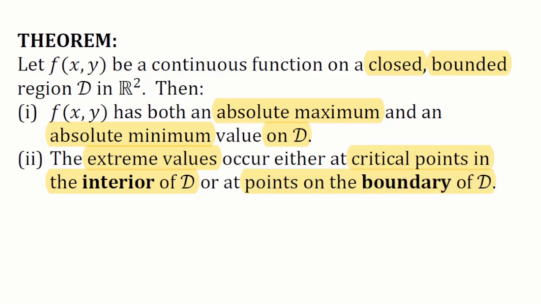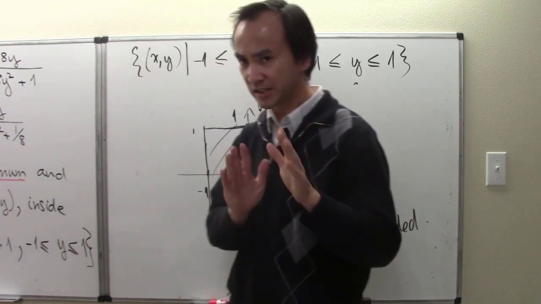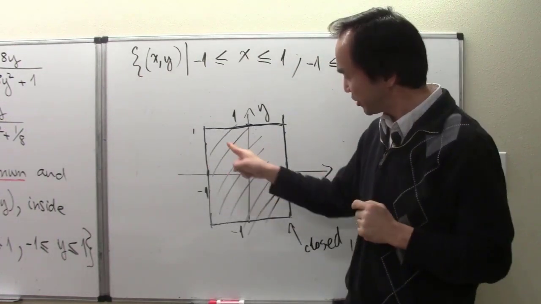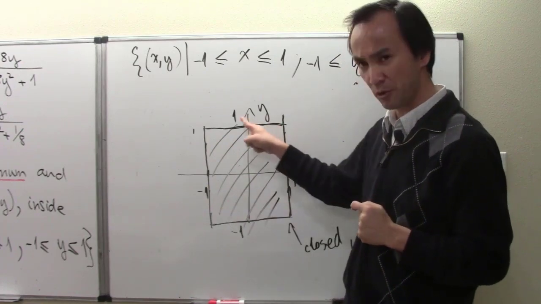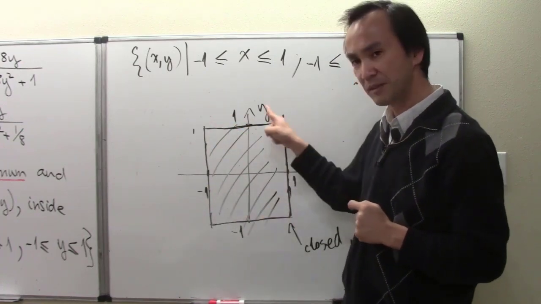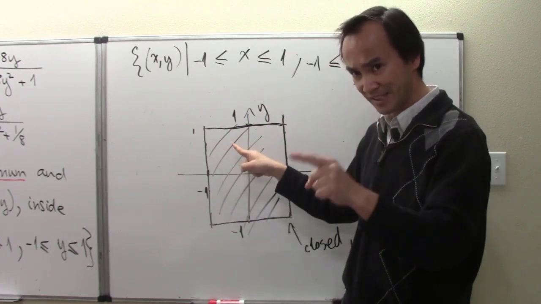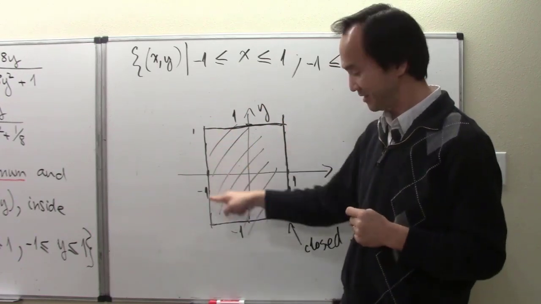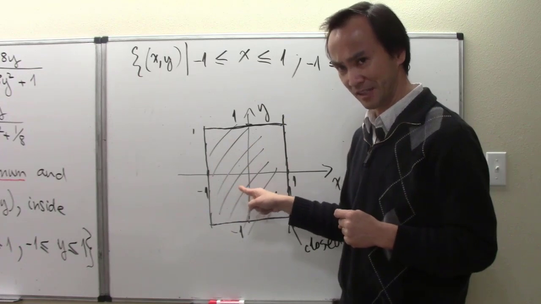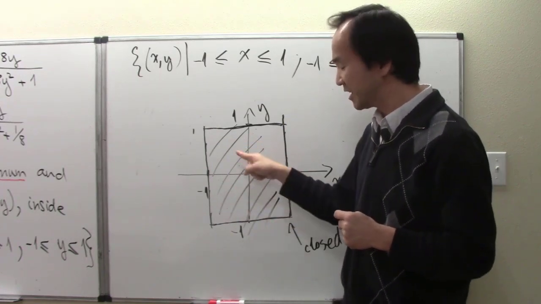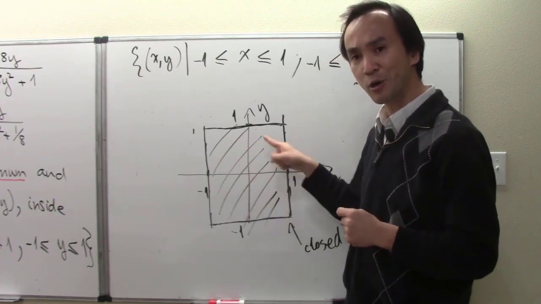Now think of statement number 2 in the theorem. Statement number 1 guarantees that we will be able to find an absolute maximum and absolute minimum on this region, including the boundary. Statement number 2 enforces that when you are calculating maximum and minimum values, don't only focus on critical points.